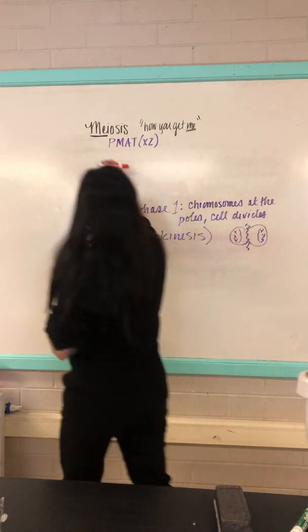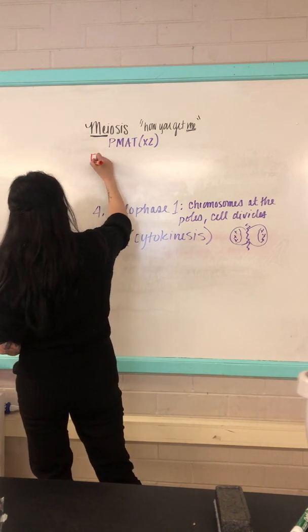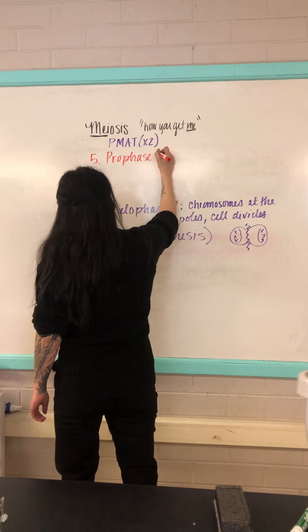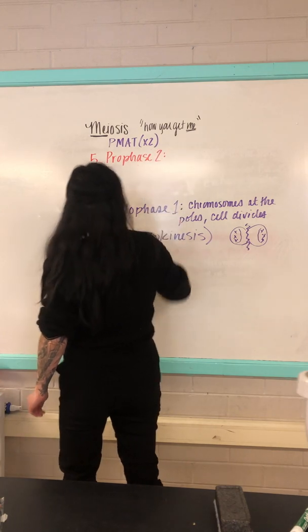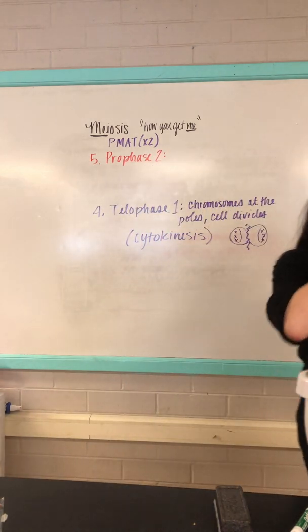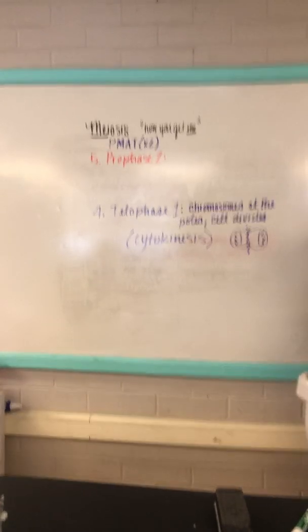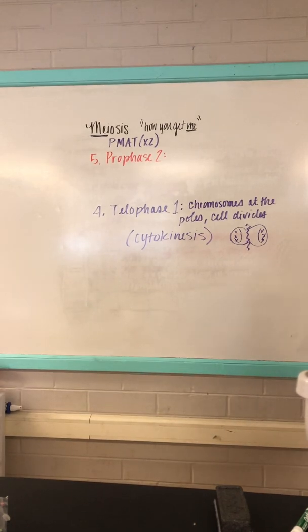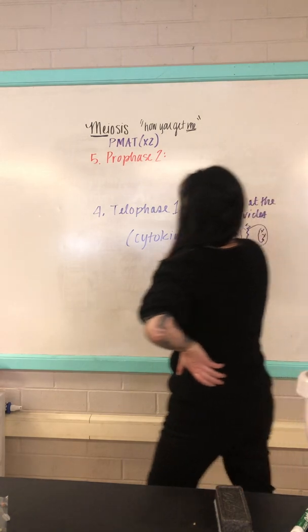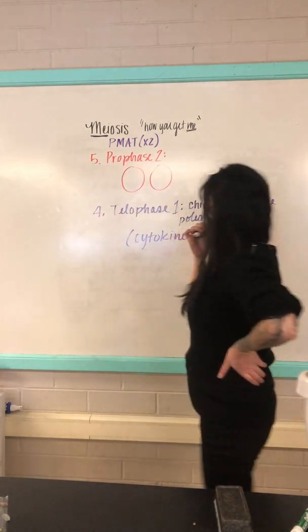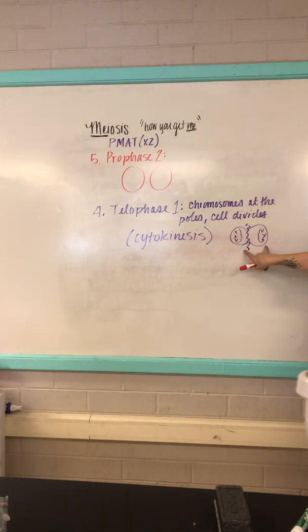So the fifth step is prophase 2. So you've got your cell, well, you've got both of the cells that it just made. So we're starting with these 2 cells.